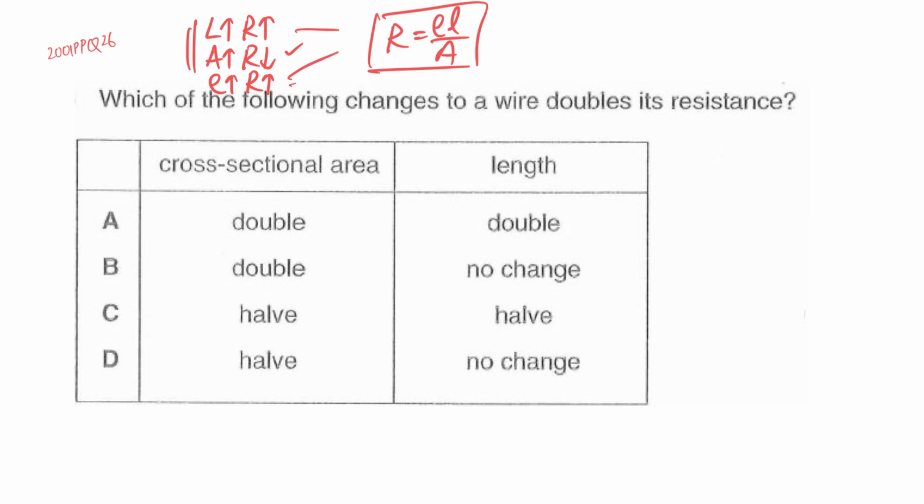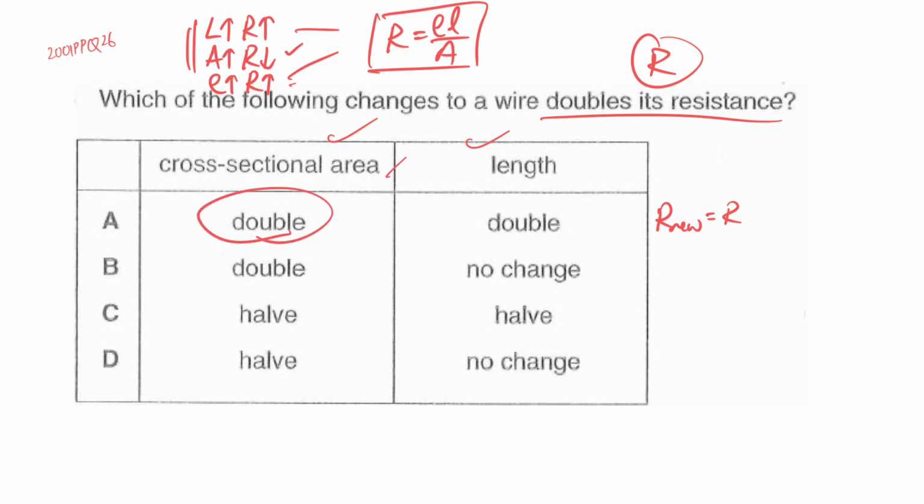Which of the following changes to the wire doubles its resistance? Let's assume the original resistance is R. For the new resistance, I'll start with the original R and look at the factors one by one. Let's start with the cross-sectional area. If the cross-sectional area is higher, the resistance will be lower.